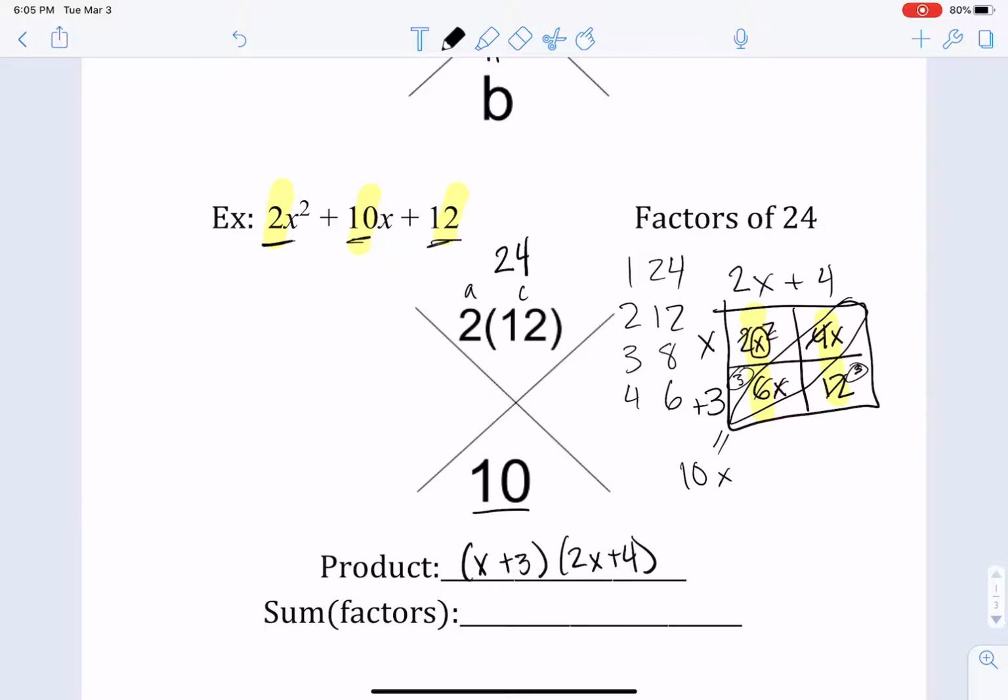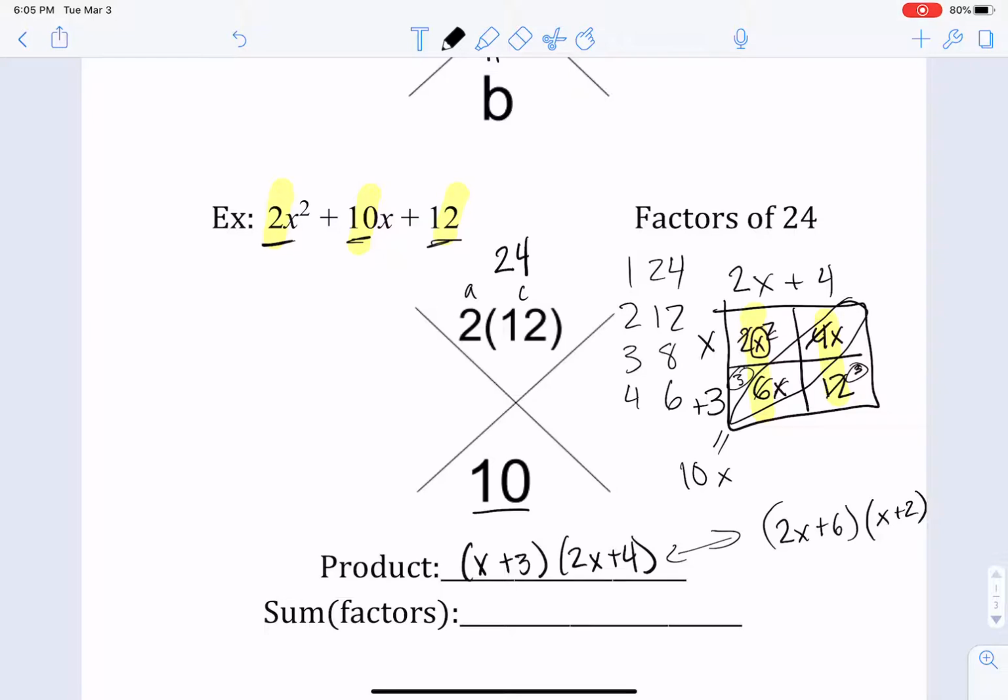So you can actually end up with a couple different factors here. This is just the way I ended up doing it. You could also have ended up with 2x plus 6 times just x plus 2. And that would have ended up the same. These are going to give us the same x values at the next step.